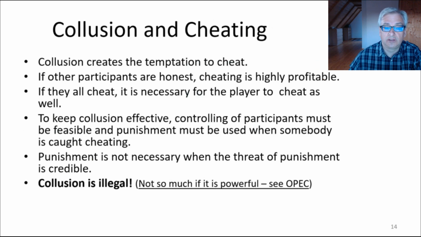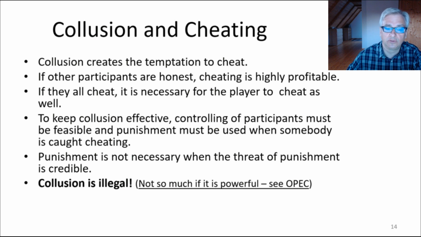Collusion creates temptation to cheat, and the thing is as simple as this. If other participants are honest, then if you cheat, that might be very profitable for you. If others are cheaters, then it is just necessary for you to cheat as well, otherwise you will not survive.